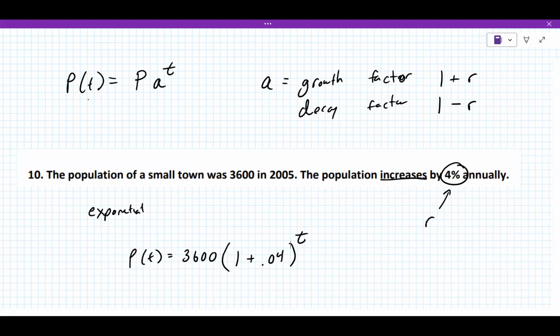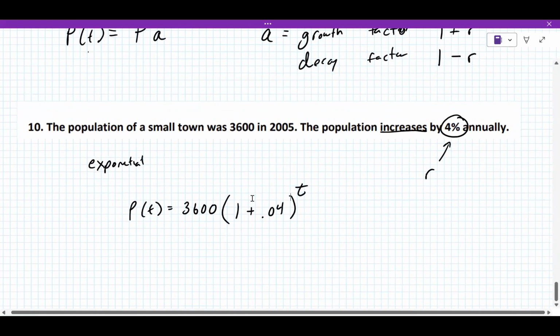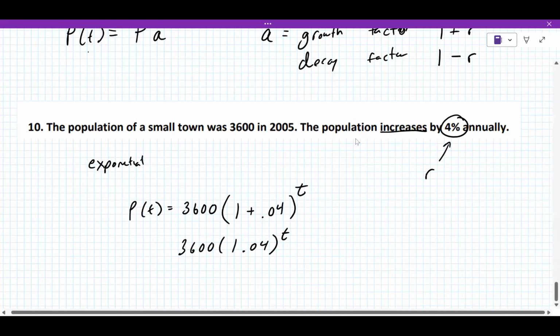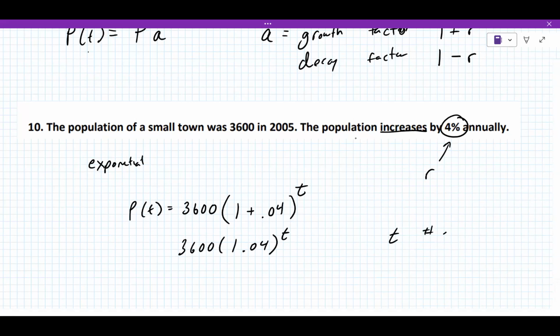Now you should combine these numbers, so add what's inside the parentheses, 1.04 to the power of t. And the other thing is to indicate that t is the number of years since the base year. It's always the base year.